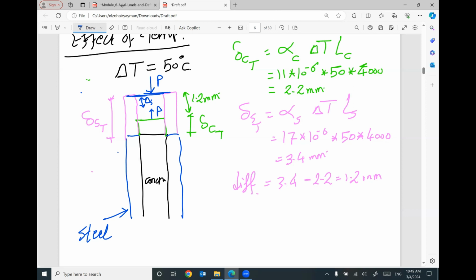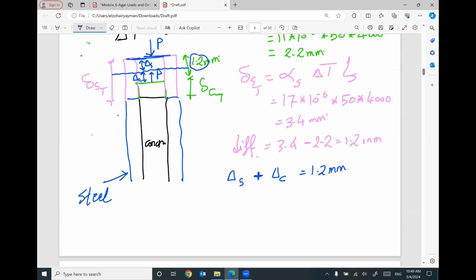So the concrete will move up by delta concrete until the two materials reach each other. Keep in mind the distance that the steel moved down plus the distance that the concrete moved up. If you add both of them, they will equal the original difference between the two materials, 1.2 millimeter.